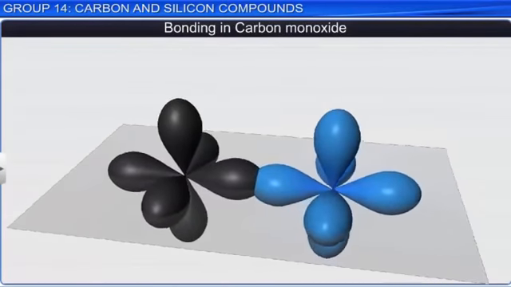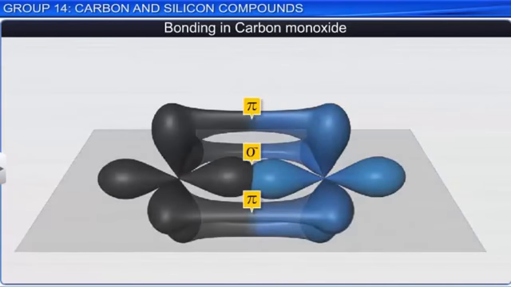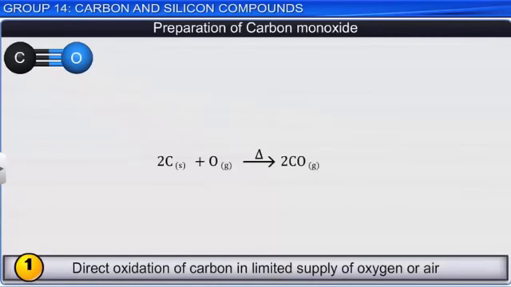The carbon monoxide molecule contains 1 sigma bond and 2 pi bonds, as shown in the illustration. There are several ways to prepare carbon monoxide. The first way is the direct oxidation of carbon in a limited supply of oxygen or air.